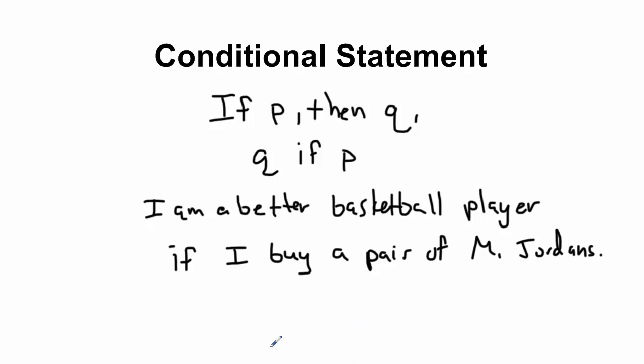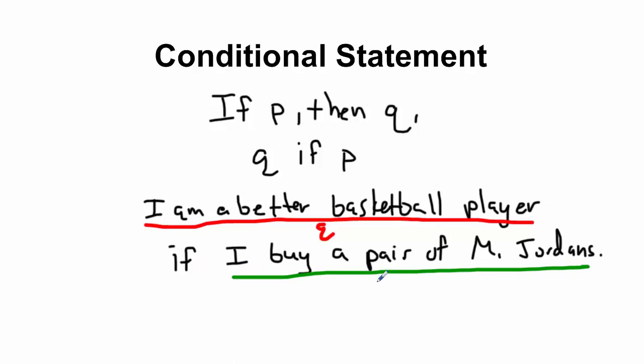So you can see in this case, I am a better basketball player, or I could have put I will be a better basketball player, but this is my Q, and then if I buy a pair of Michael Jordans, that would be the P.